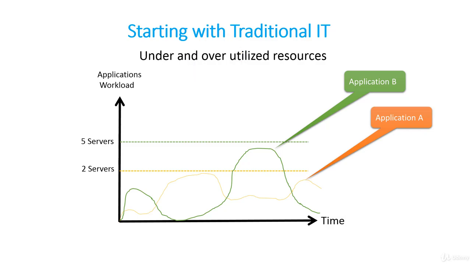The second problem is called underutilized resources. It can be on average, for example. Take a look at this point. The workload on application B is almost 0 or very low, and in parallel at the same time interval, the workload on application A is at the peak point. Now, it is quite obvious that it makes sense to utilize the unused resources allocated to application B and move them to application A just for this time period.